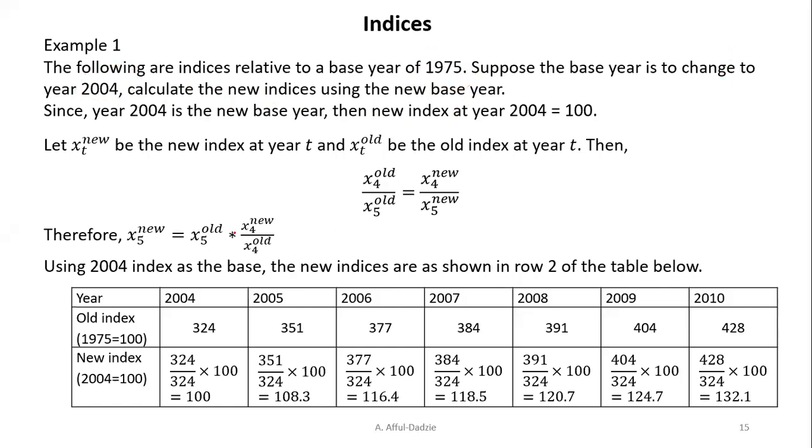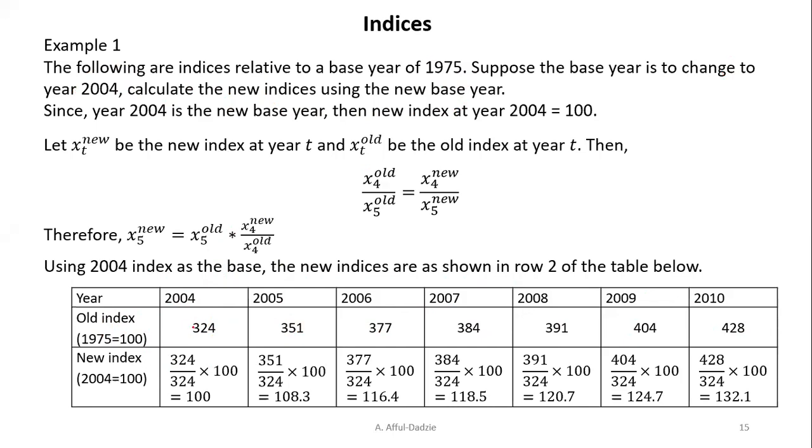We have all these values here, but they were calculated based on the index in 1975. Now, if we want to change it to 2004, we will need the value at 2004 to compute the new indices.